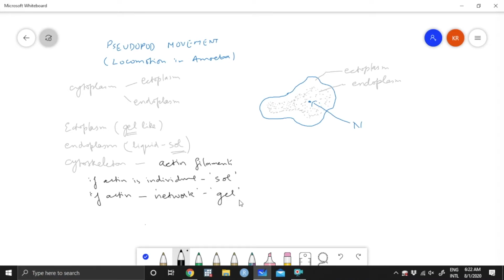So if the actin forms a network, so if these kinds of networks are formed, then it is gel-like. Here there is no network, so this is sol-like.